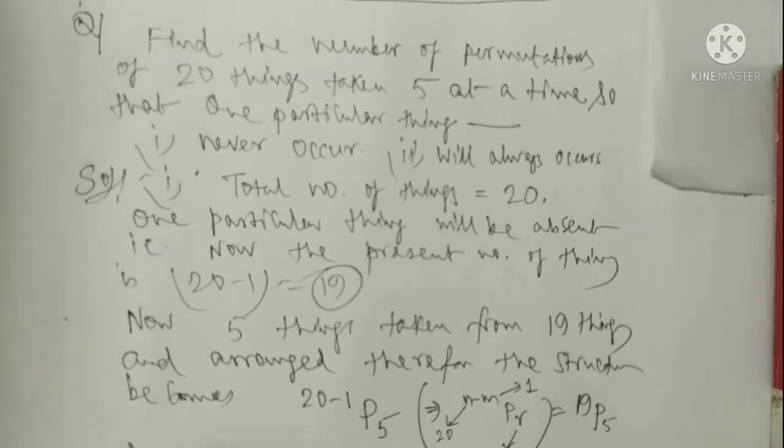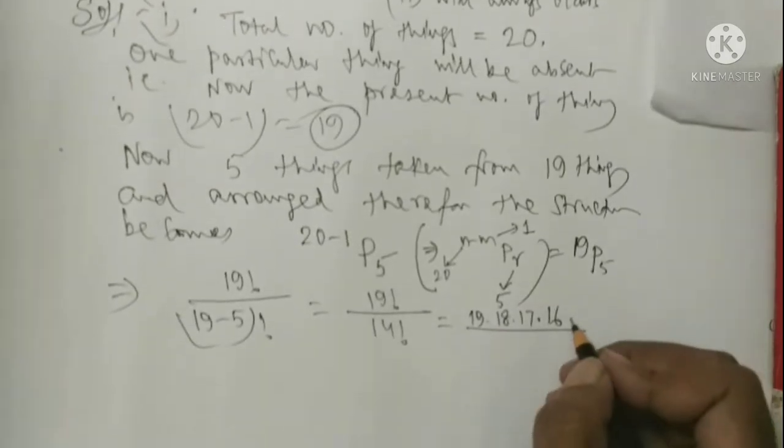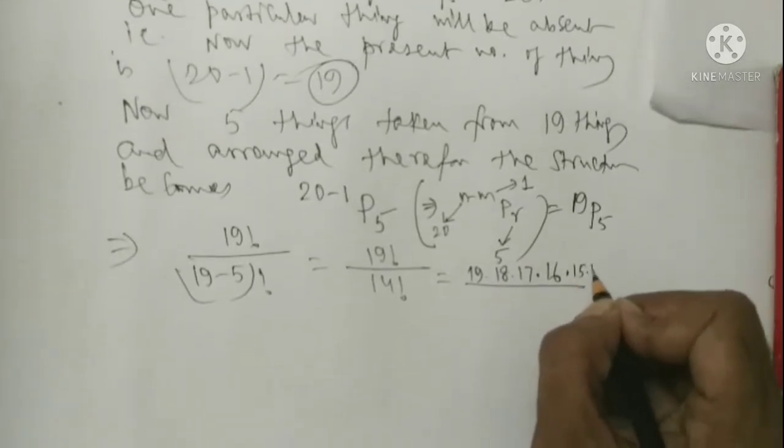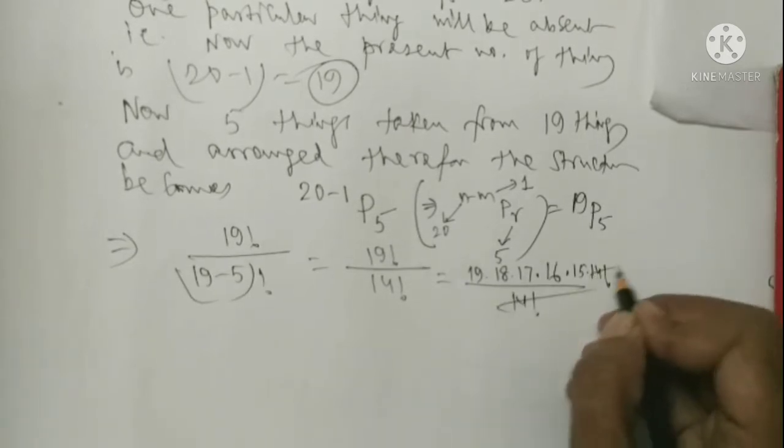If I break it according to formula nPr, 19 factorial over 19 minus 5 factorial, that is 19 factorial over 14 factorial, 19, 18, 17, 16, 15 and 14 factorial cancelled.